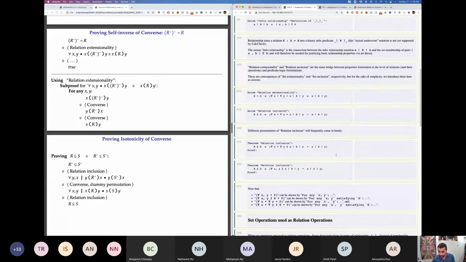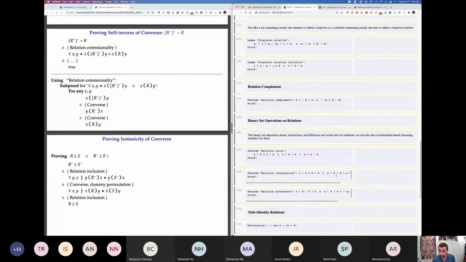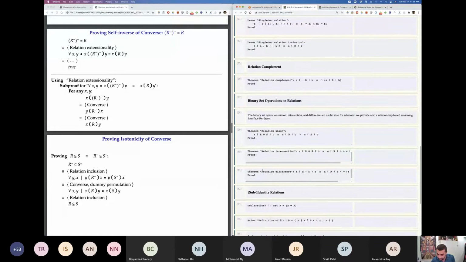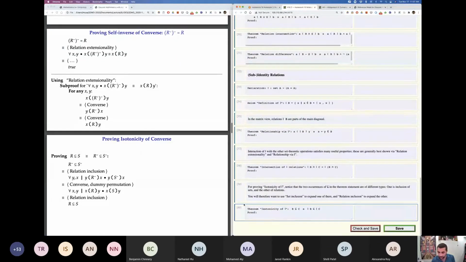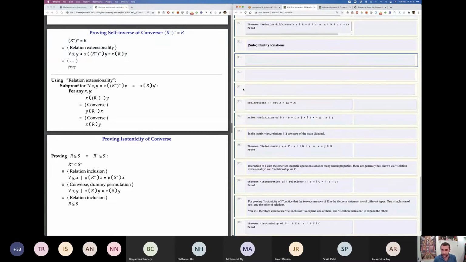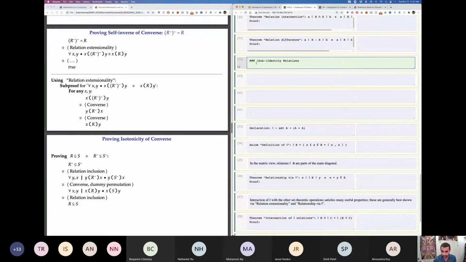Where are we? Let's get to converse, small relations, complement, sub-identity. Oh, there's no converse here. That's unfortunate. Let's introduce converse, just to show stuff. Playing around.